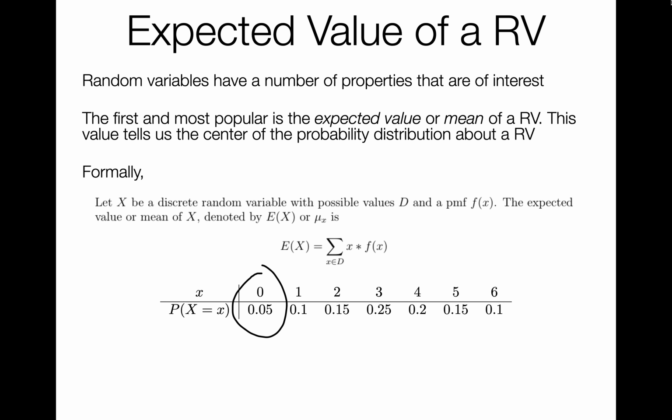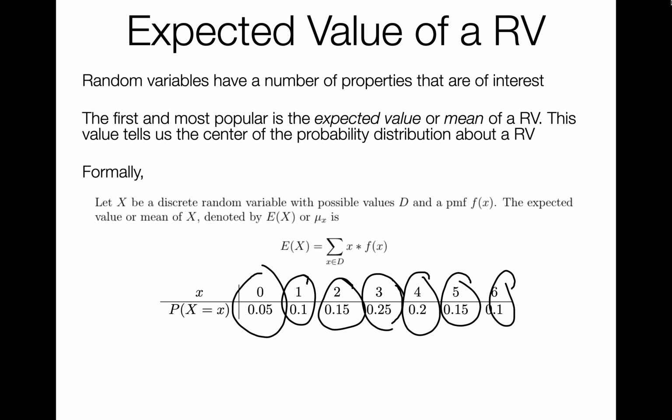So 0 times 0.05, and 1 times 0.1, 2 times 0.15, 3 times 0.25, and so forth. You multiply all of them together. That's what this part says to do. And then the capital sigma here is a sum. So you sum them all together.